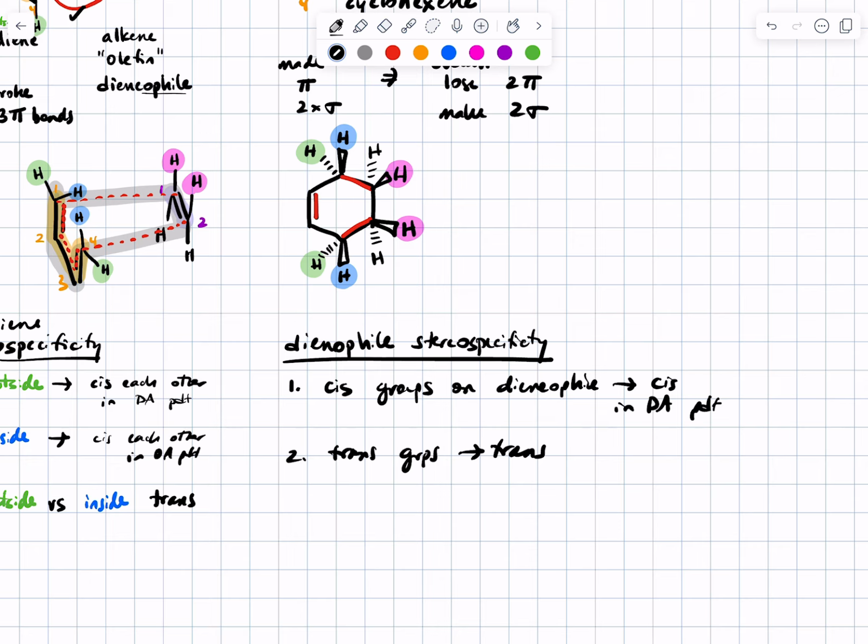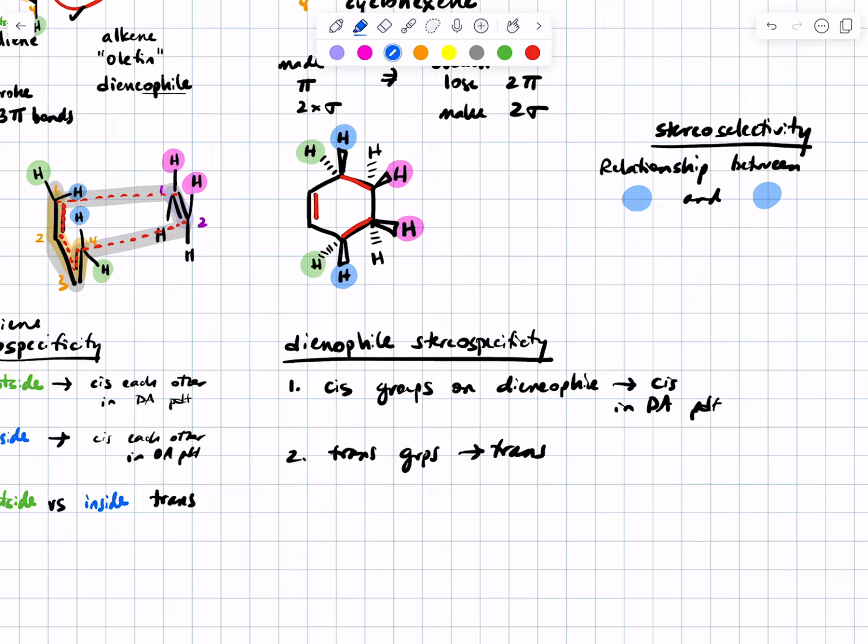Now, the final issue of stereochemistry for the Diels-Alder reaction is one of stereoselectivity. It's not obvious here, but this has to do with the relationship basically between the blue group and the pink groups.